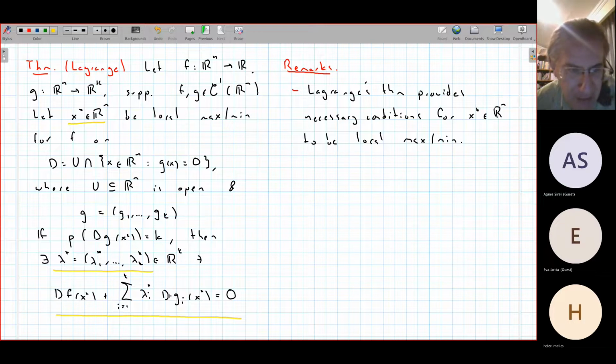Those points are going to be candidates to be local maxima or local minima of the function. Exactly as when you use the first order conditions. Remember, the first order conditions tell you that critical points for a function are candidates to be local maxima or local minima. It's the same idea in this case.